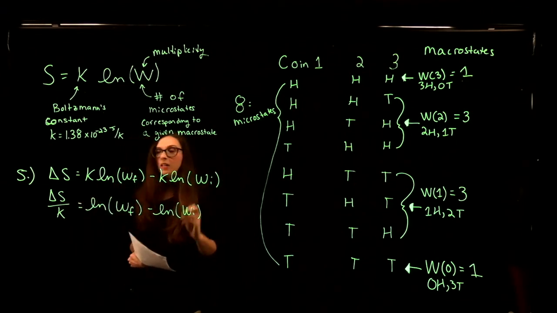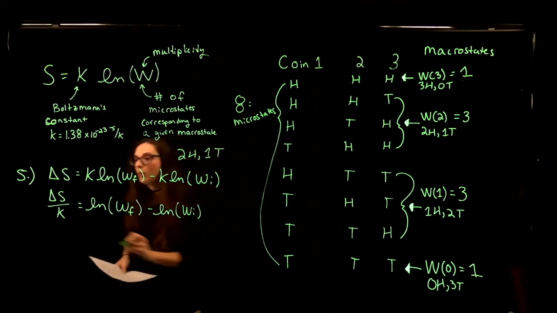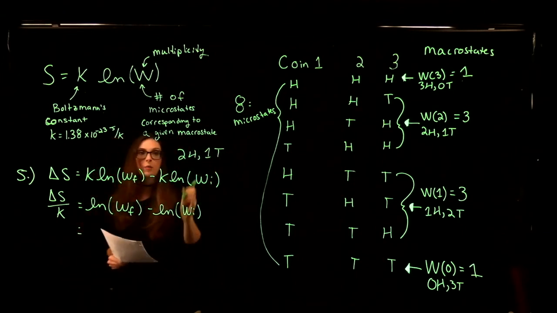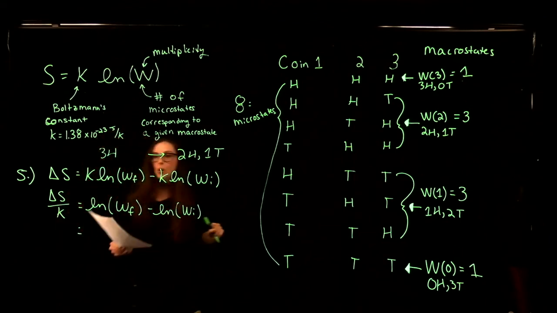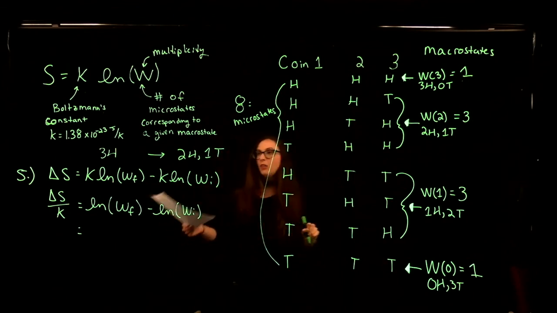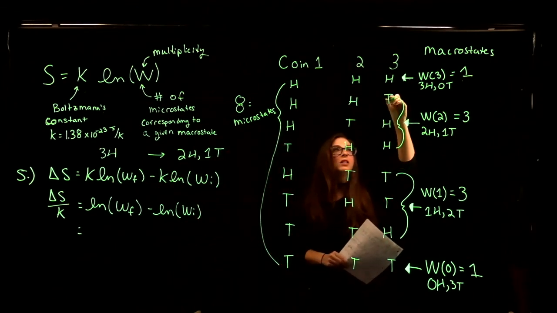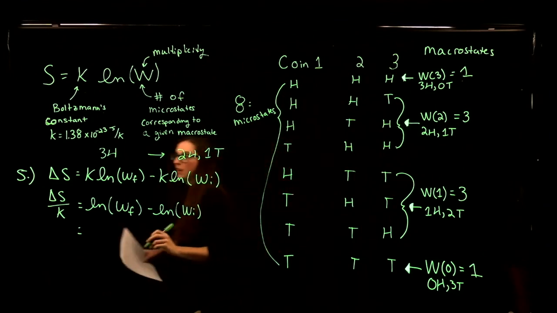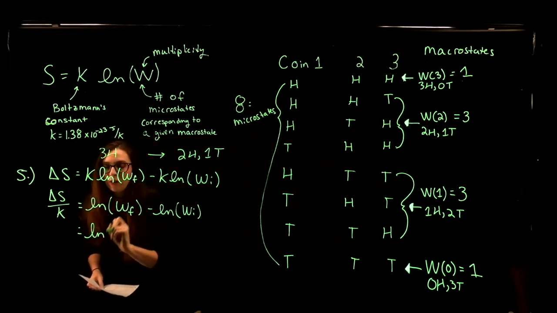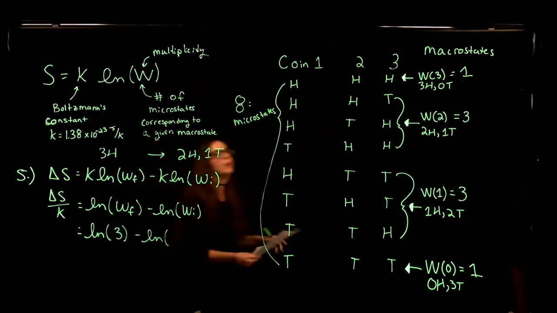So we've got 2 heads and 1 tail, and we started with 3 heads. Okay, so the multiplicity of my final system with 2 heads and 1 tail, come over here, I see there's 3 possible ways I could get 2 heads and 1 tail. So that's the multiplicity of my final system. So this is going to be natural log of 3 minus the natural log for the multiplicity of my initial system.